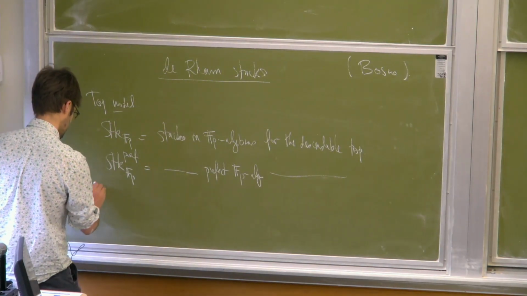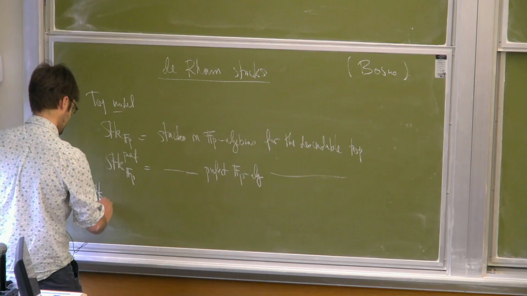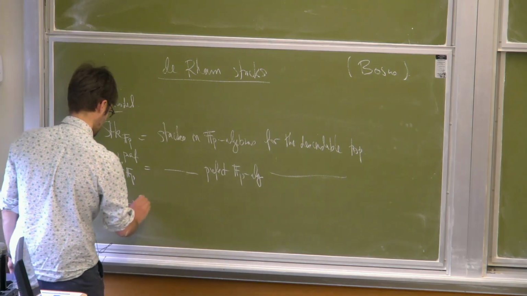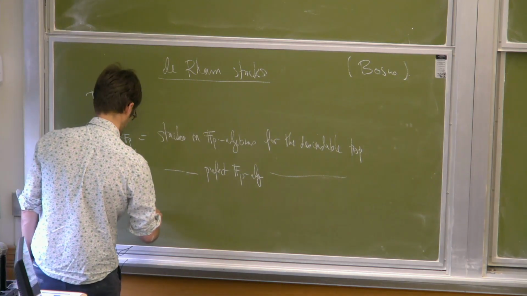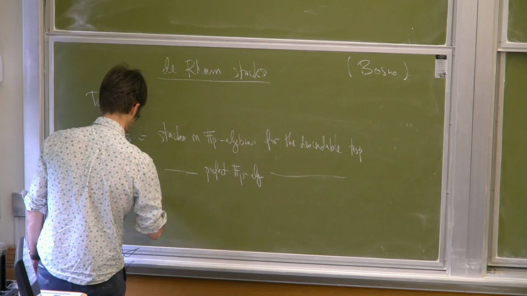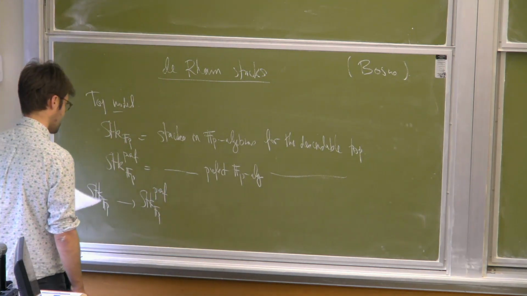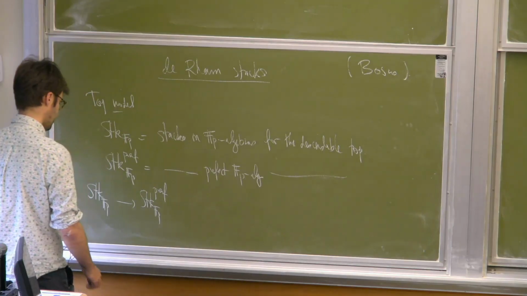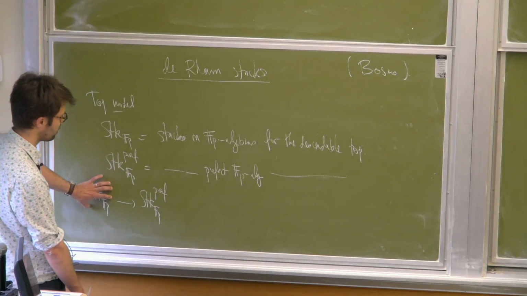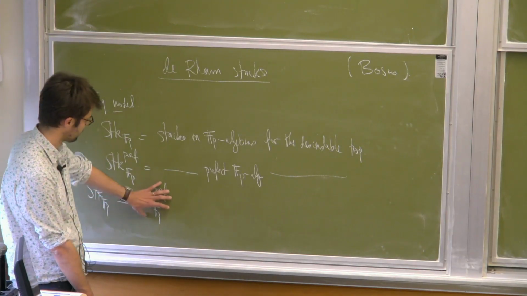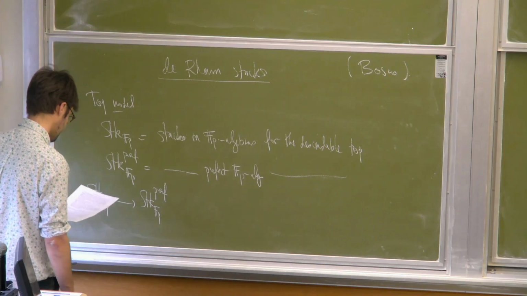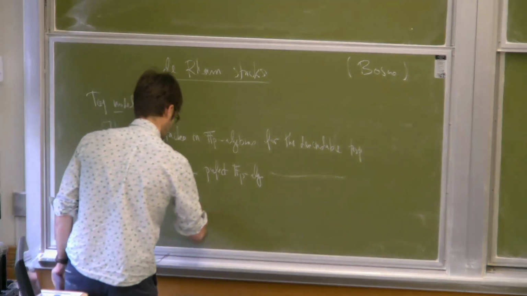And now you have a restriction functor, or maybe I could also call it perfection: you have a functor on all F_p-algebras, and you just restrict to perfect F_p-algebras. And this has a left and a right adjoint.